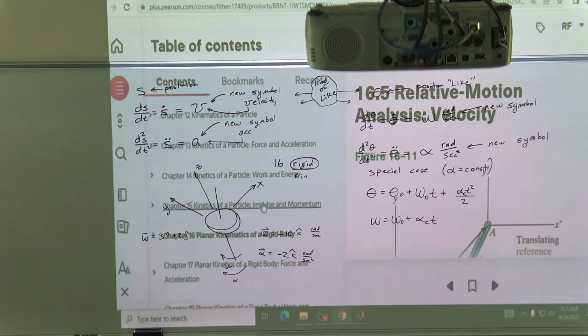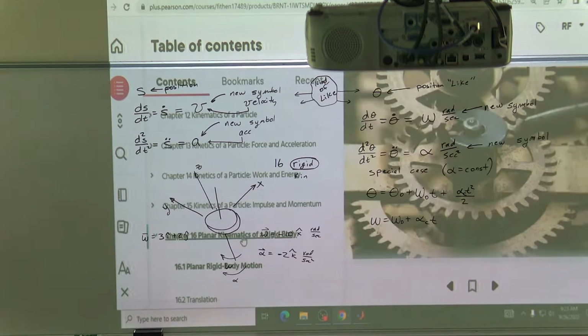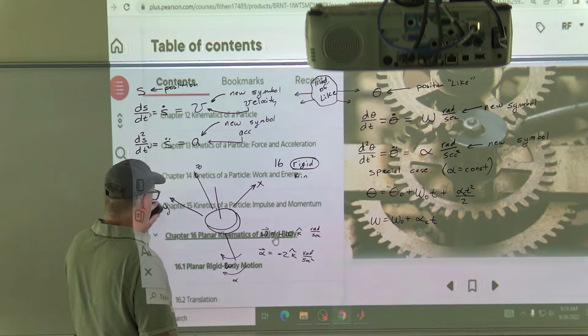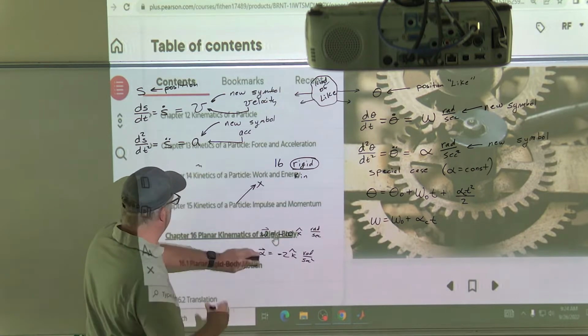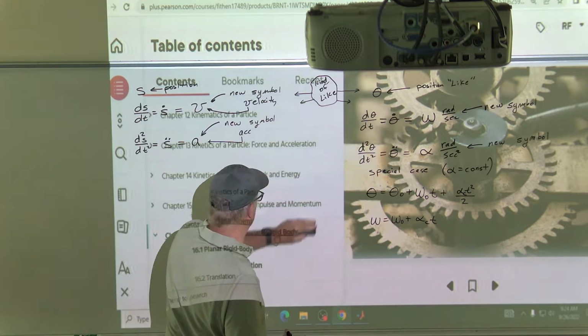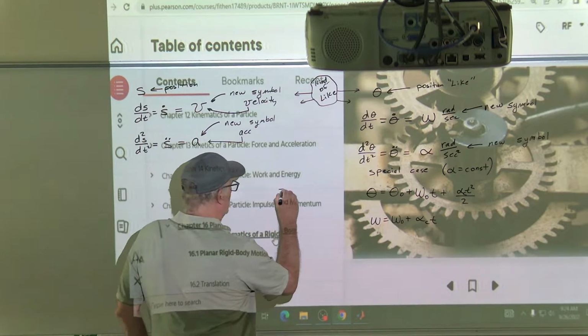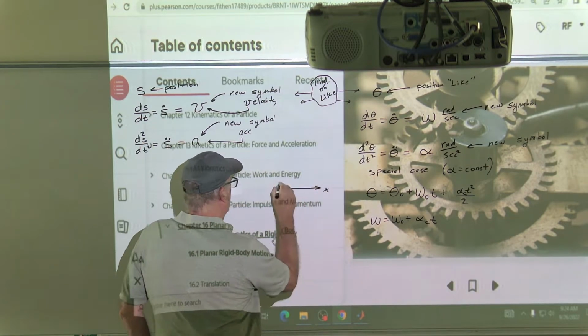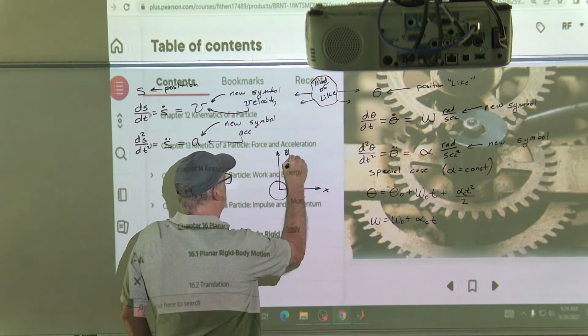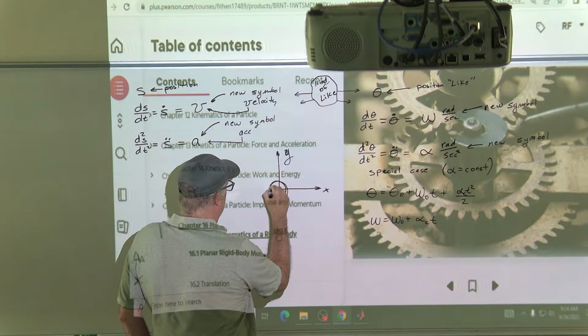Okay. Planar kinematics of a rigid body. That's what it says. So planar kinematics, you can have that. But in this text, we're smart enough to realize that we don't want to make our life complicated. Meaning, you might have a disc rotating or a gear rotating. And maybe it's rotating like this.